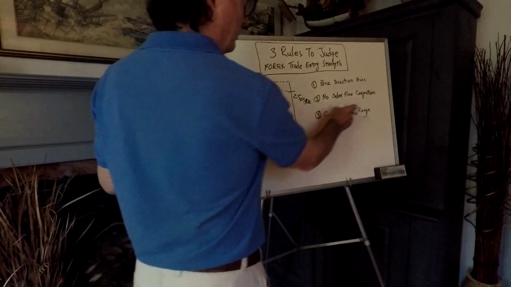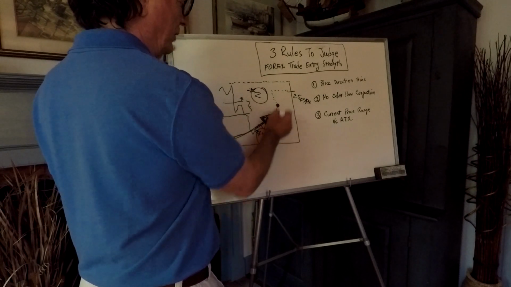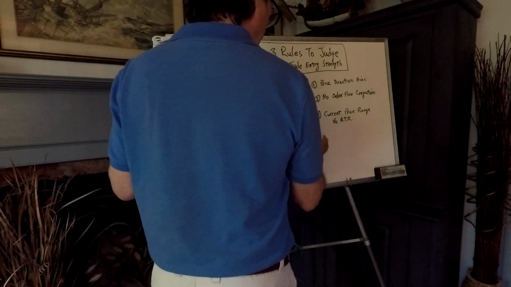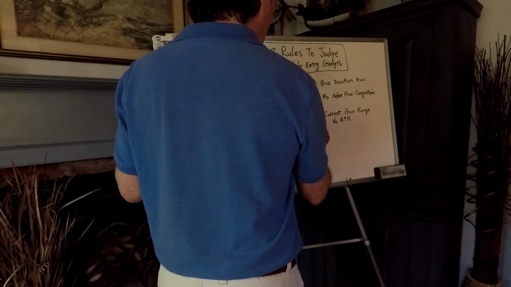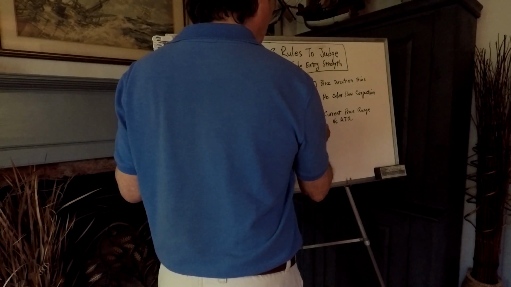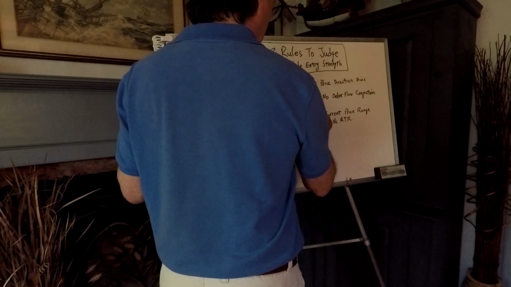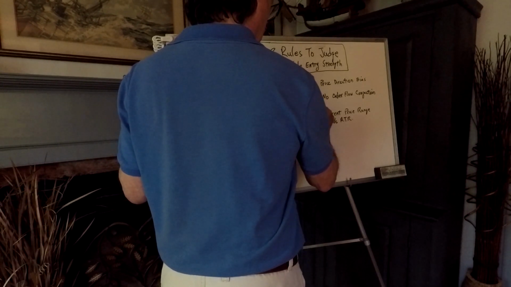Number three, the current price range versus the ATR. Well, we don't really have very much of a candle structure here. But if you have a candle like this, and then your next candle is this big, and your next candle is this big.